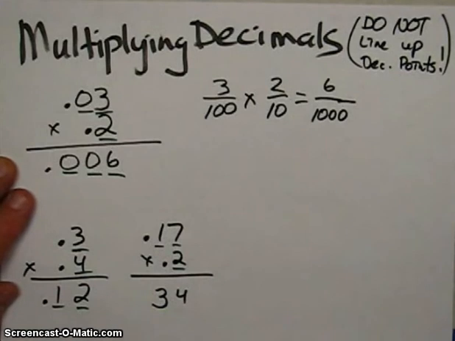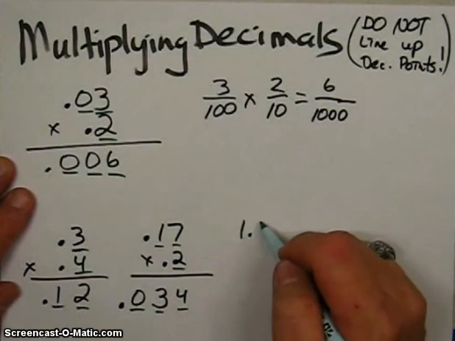So in the answer, I also have to have 3 digits on the right side of the decimal point. 1, 2, 3. There have to be 3 digits on the right side of the decimal point. So what does that missing digit have to be? Well, it has to be a 0. 0.034. 34 thousandths. Okay?